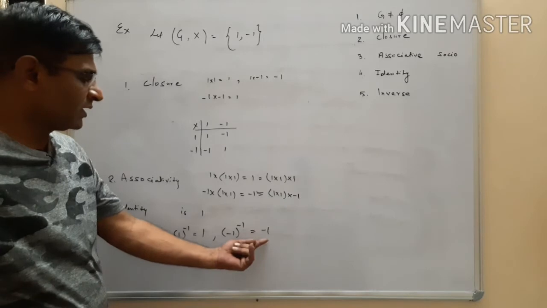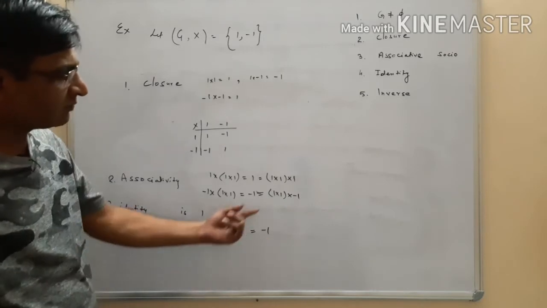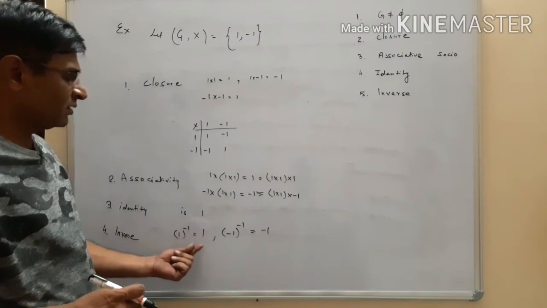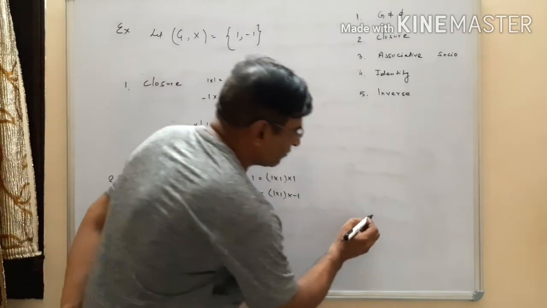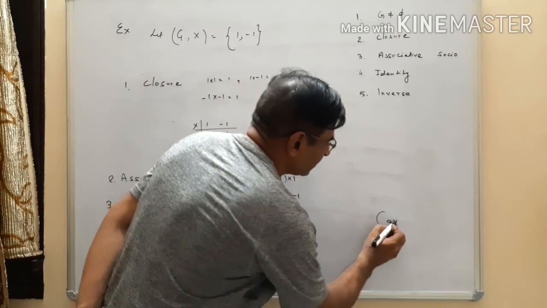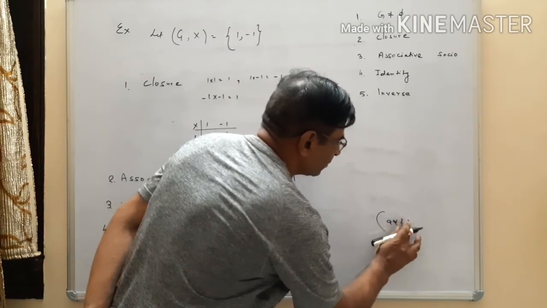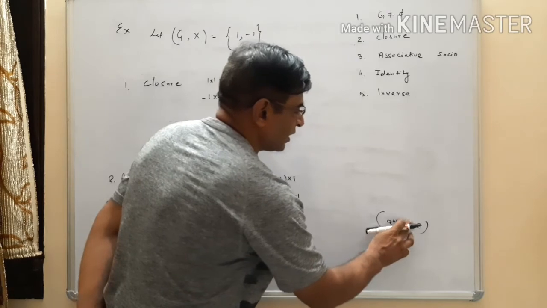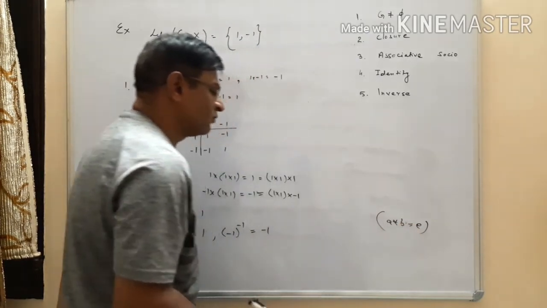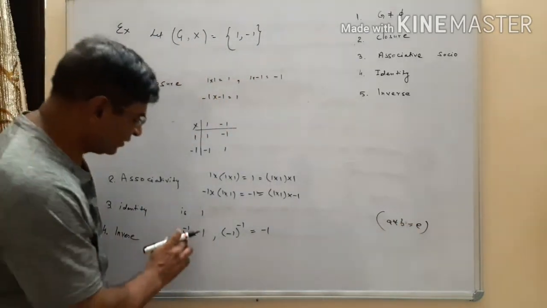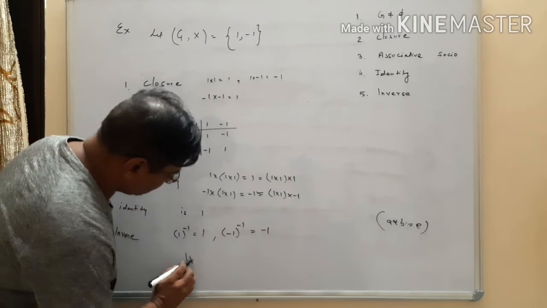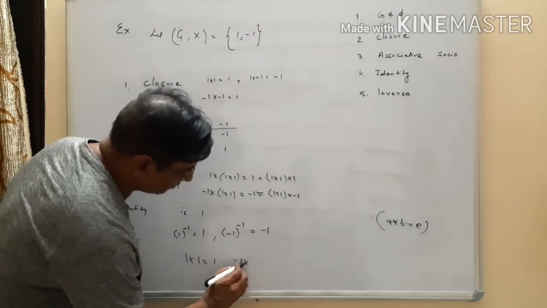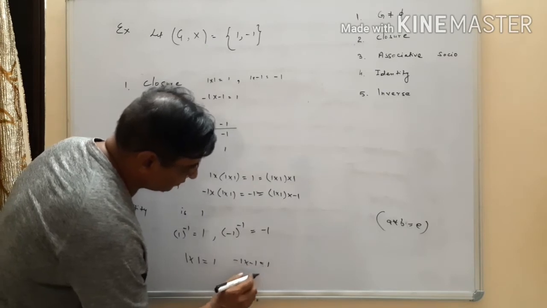That means minus 1 multiplied to itself gives 1, and 1 multiplied to itself gives 1. Our definition for inverse was A cross B is equal to identity. So here you check, 1 multiplied to 1 we get 1, minus 1 multiplied to minus 1 we get 1.